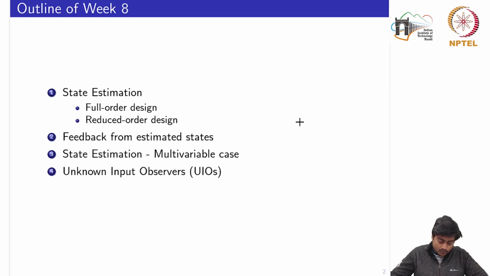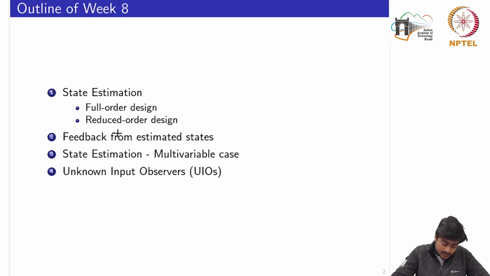So the outline of this week 8 is that we will be discussing state estimation algorithms. In these algorithms, we will discuss two types of design. First is the full order design and second is the reduced order design. Once we come to the reduced order design, we'll define it first and then go to the synthesis procedure. Second, we will see feedback from the estimated states.